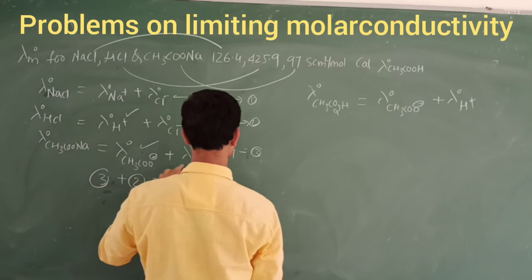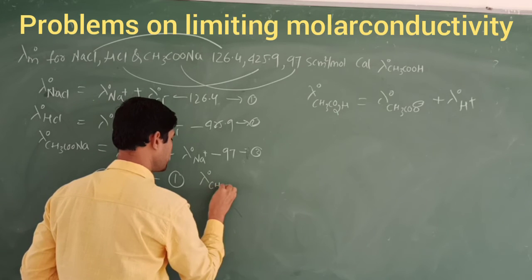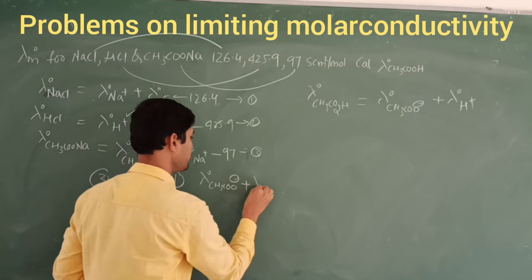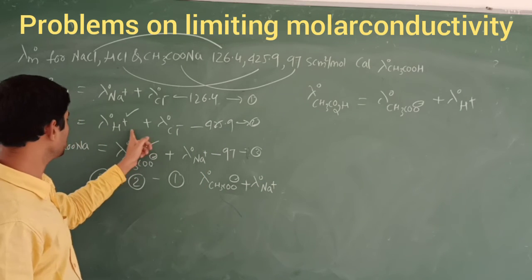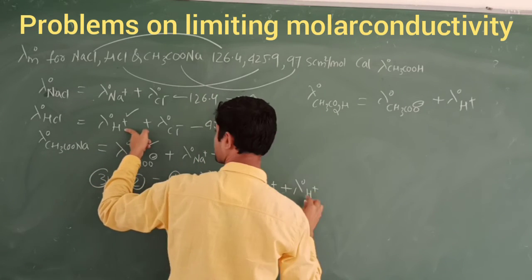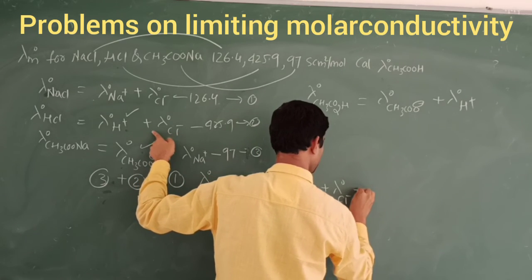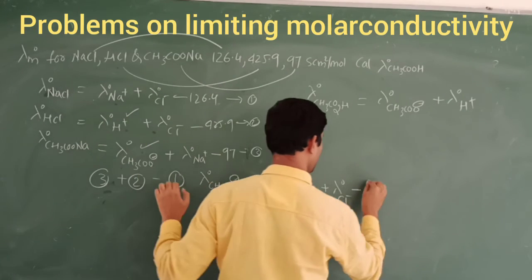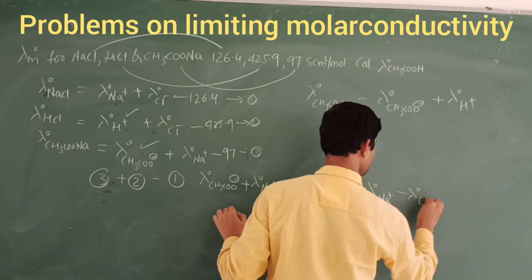Equation 3 is the molar conductivity for the acetate ions plus Na⁺. Now we add equation number 2, that is plus H⁺ plus Cl⁻. What do we subtract? Subtract equation number 1, that is minus Na⁺ minus Cl⁻.